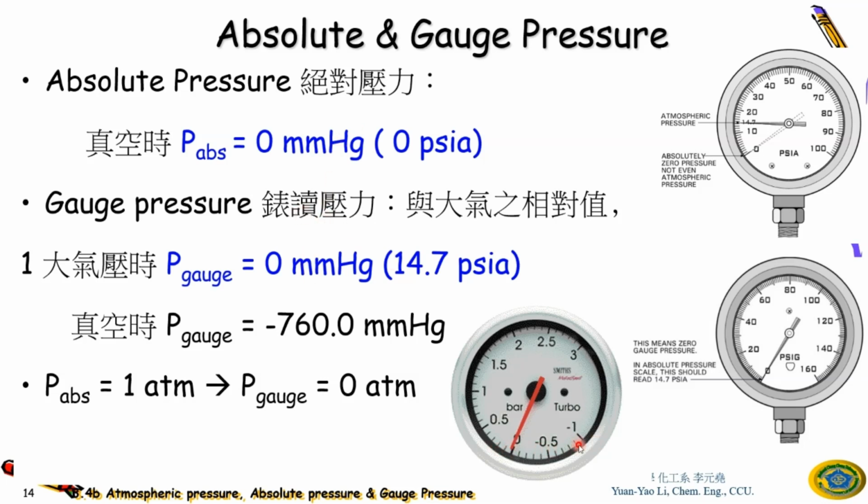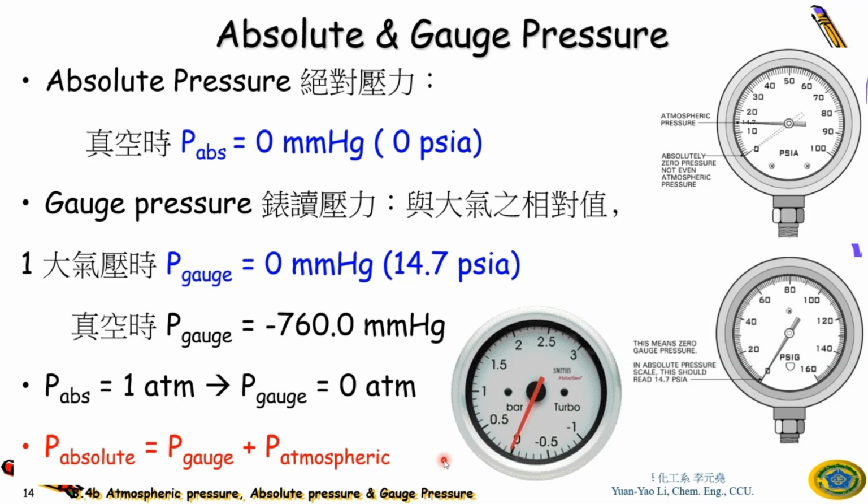So you can go to -1, right? Minus means what? Minus 760 millimeter mercury. If this goes to 1 here, that means absolute pressure is 2 atm. Ladies and gentlemen, please remember this equation. P absolute equals P gauge plus P atmospheric.